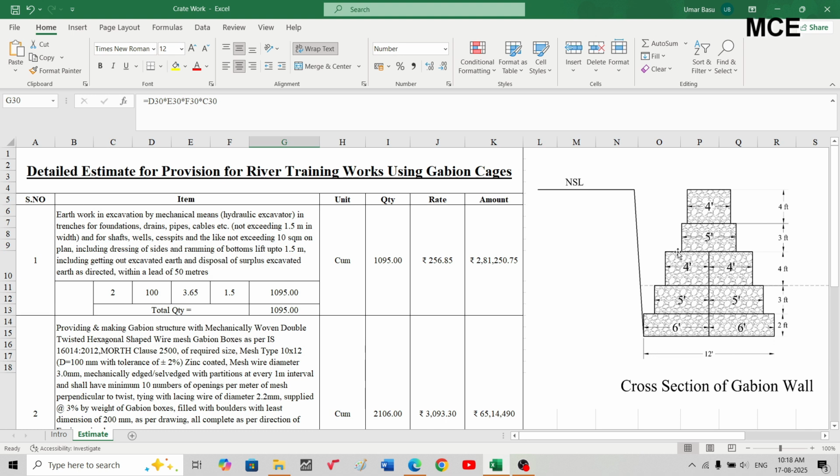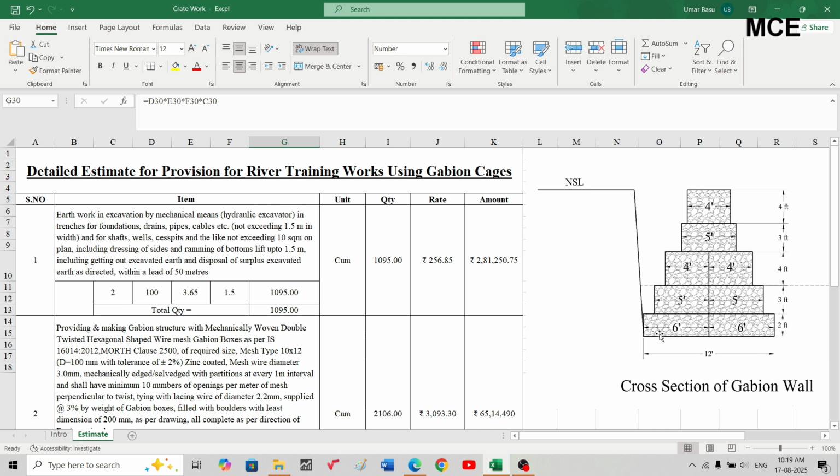The third gap, which is from the top of the 4 feet Gabion box to the top of 5 feet Gabion box, will be 6 minus 2.5. Since the 5 feet Gabion box is symmetrically placed, half of 5 feet is 2.5 feet. 6 minus 2.5 feet will be 3.5 feet, but we will take it on the higher side. Let us take it as 4 feet, because also the side slope of the river bank is inclined.